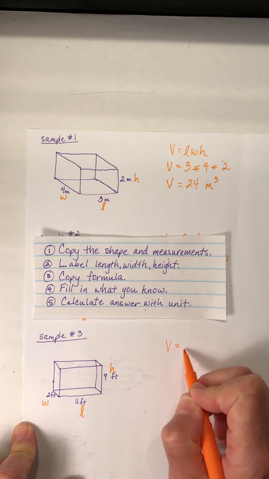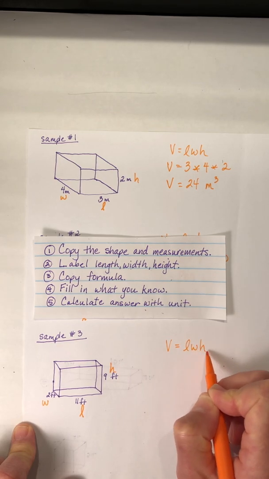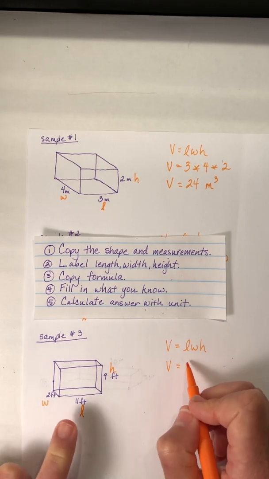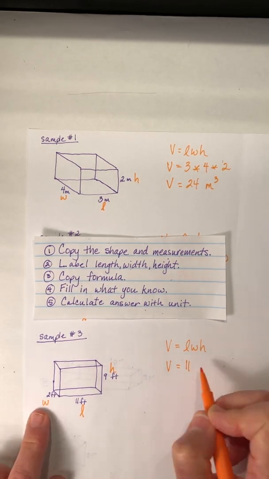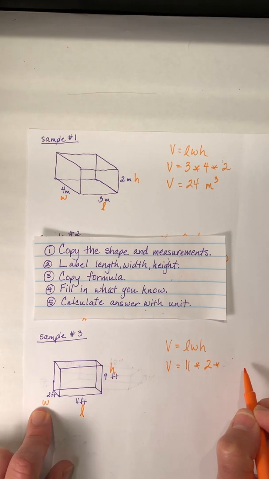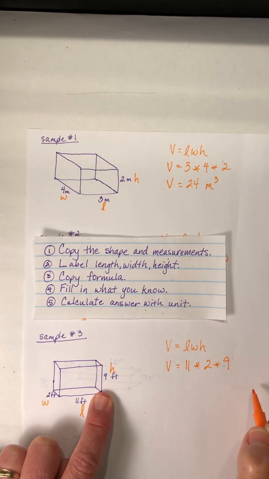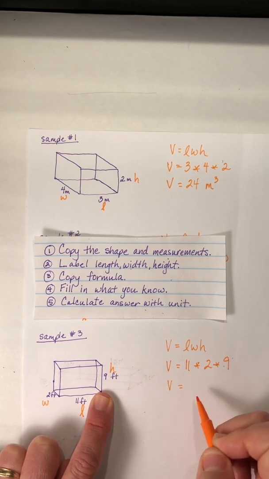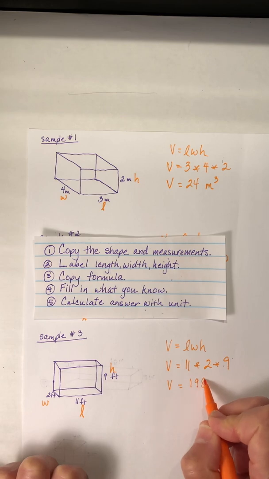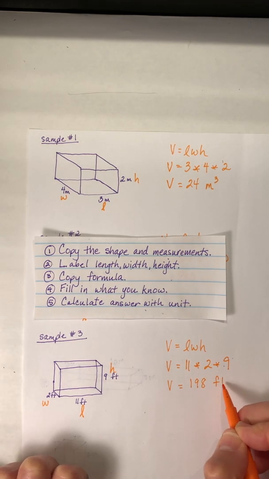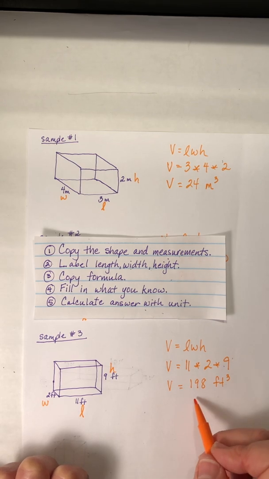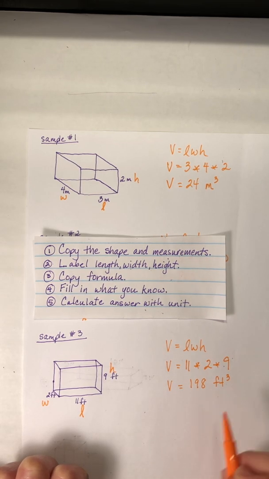So volume equals length times width times height. Volume equals my length of 11 times my width of 2 times my height of 9. When I multiply all those numbers together, I will get 198 feet cubed. Or you can also read that as 198 cubic feet.